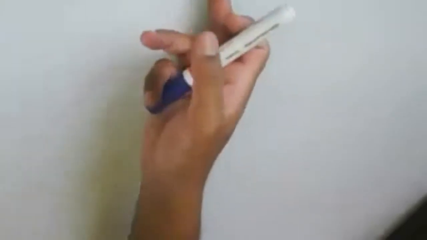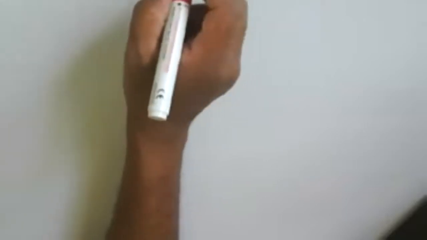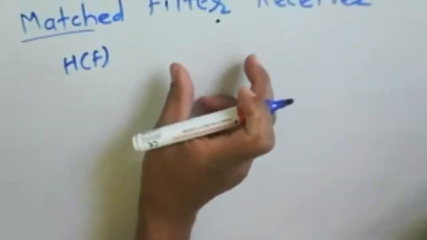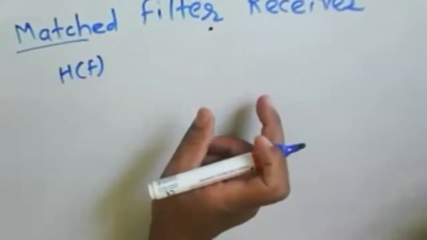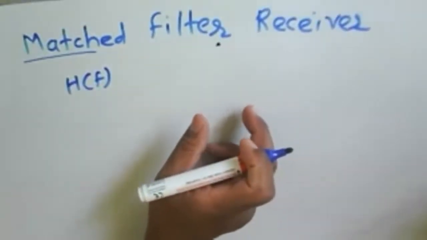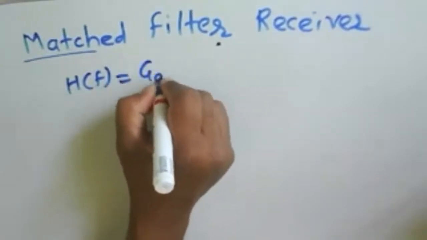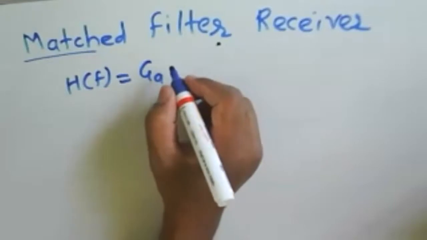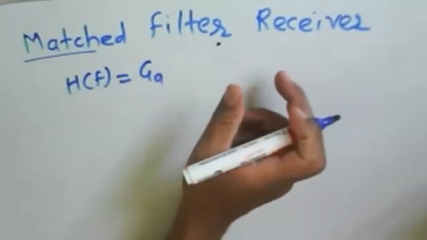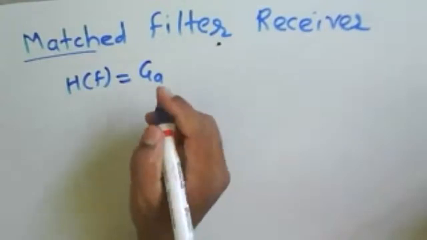So generally we say that we have an h of f function, and that h of f function is linear as well as time invariant. This matched filter function h of f is linear, it will be a time invariant filter, and that will be used to maximize the signal to noise ratio.